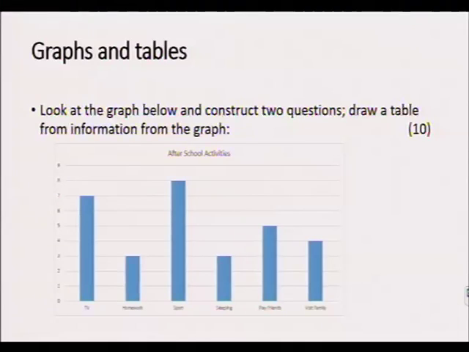So for example, if you ask a simple question like, how many learners are involved in watching TV and playing with friends? Now the learner will go to the graph and look at TV, and then they will look at playing with friends, and they see that on TV there are 7 and playing with friends there are 5. So they add 5 plus 7 and they get an answer of 13.